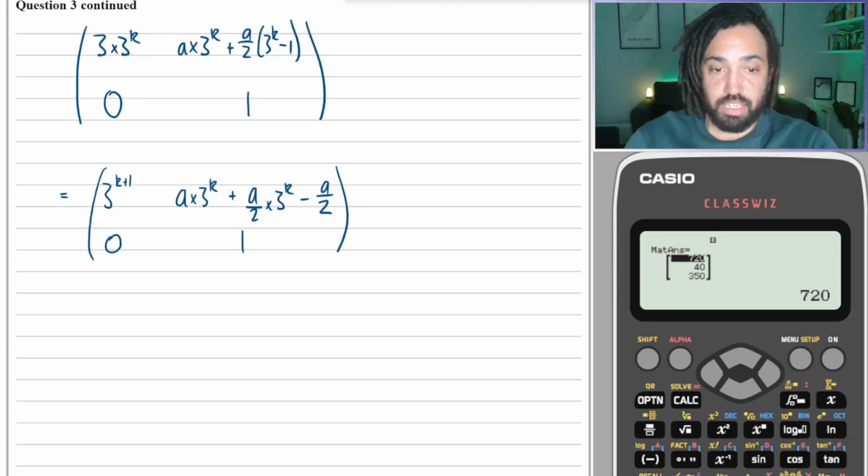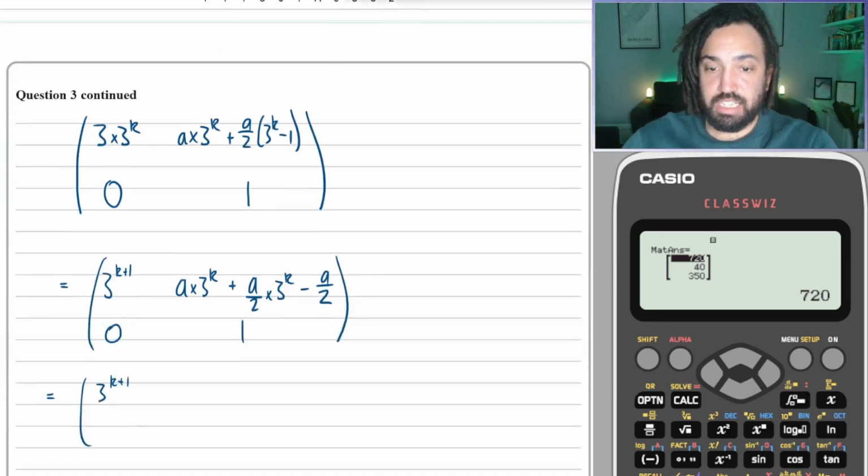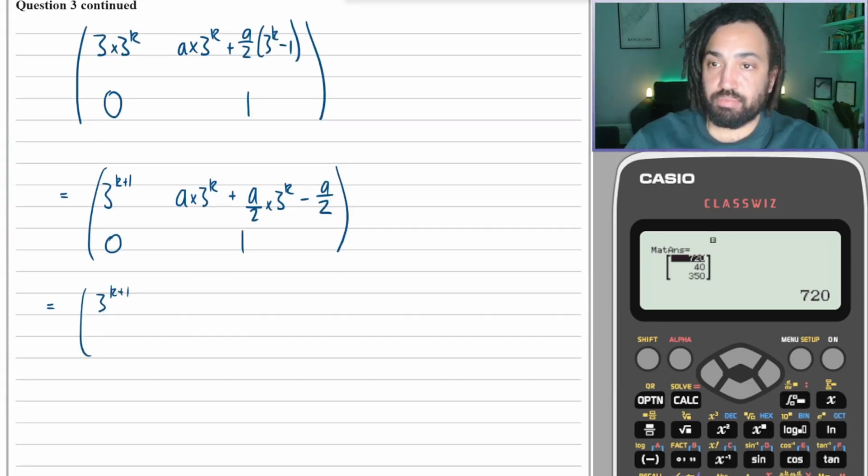Okay, we need to simplify this. Let's have a look at what we want, because that's always helpful. What we want has a factor of a/2 on the outside. So let's take out a factor of a/2.